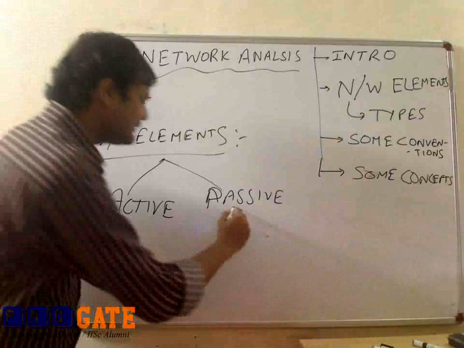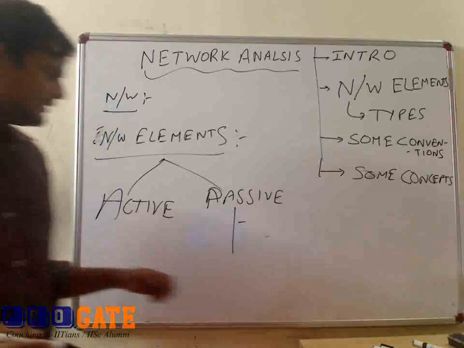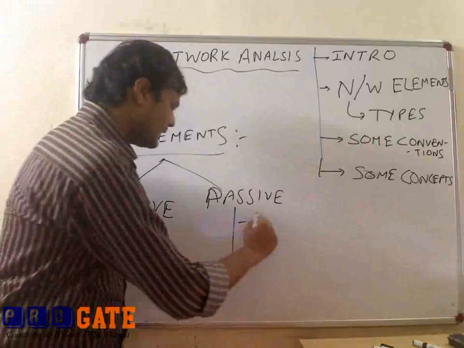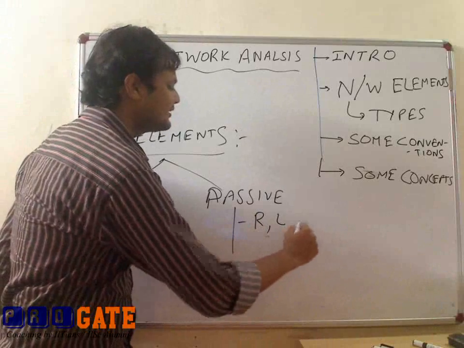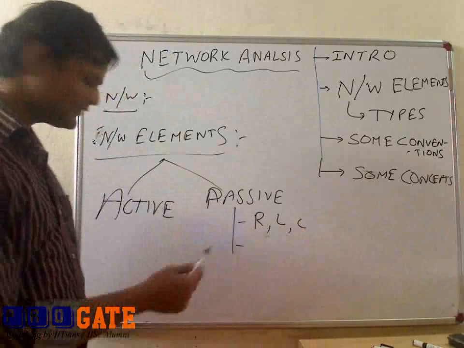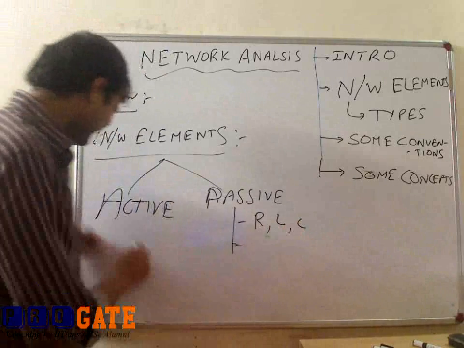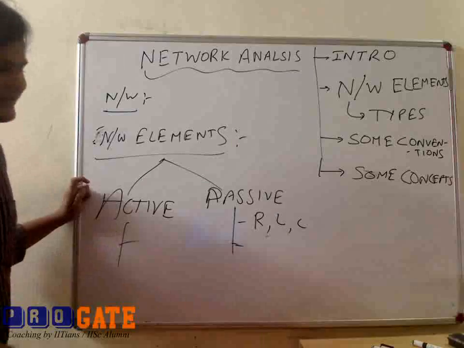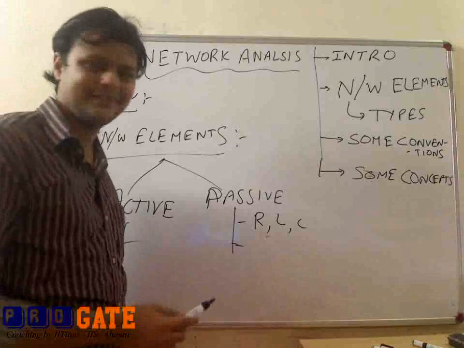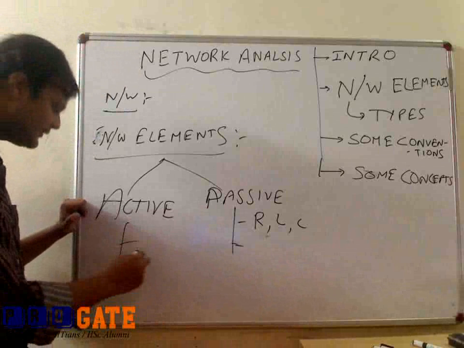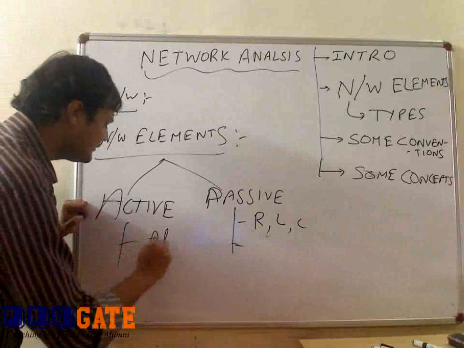Passive elements are the elements which consume power, like resistors, inductors, capacitors, also diodes. Some books classify diode as an active element, some say that it is a passive element. All semiconductor devices come into this category, active elements, and all sources also come into this category.